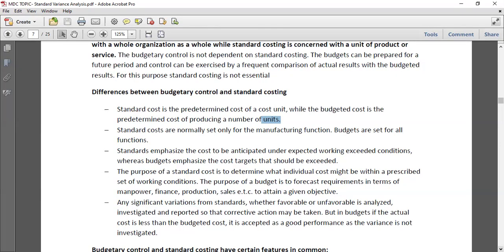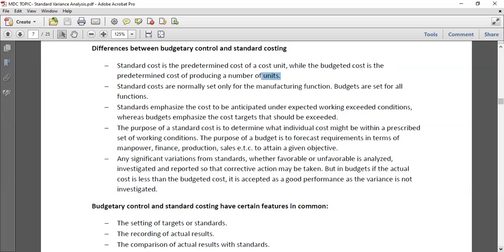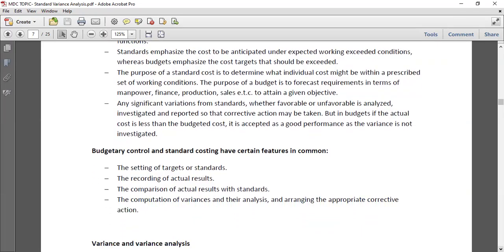So we have different differences that you can think about, but at least I believe you understand how exactly the two differ. And we also have how they are similar. One of the aspects is the setting of targets or standards. Both standard costing and budget control have elements of setting standards.